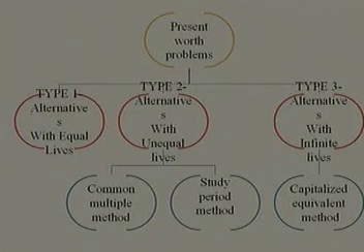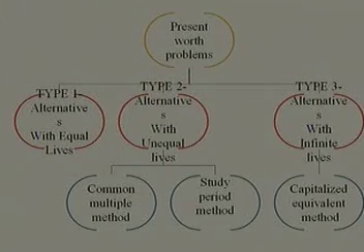When you have a statement like this, it means it is a type 1 problem. Why? Because both the alternatives, brand A and brand B, are having equal service lives. So, the moment you find equal service lives or equal time period, you can adopt this approach to solve problems.